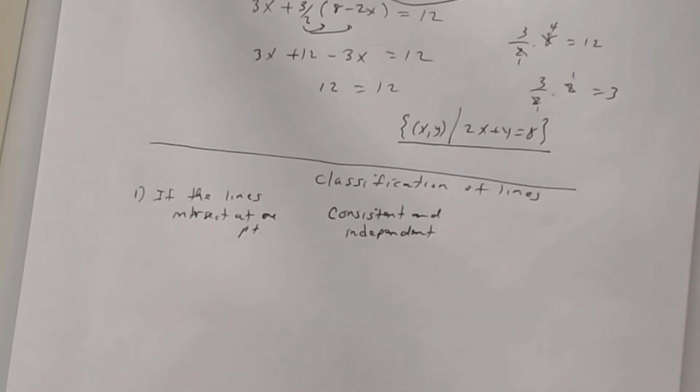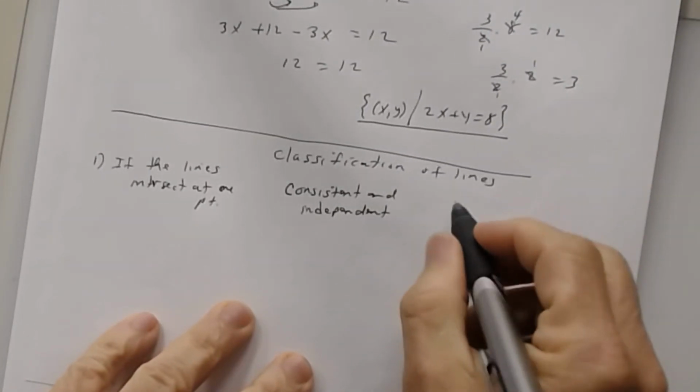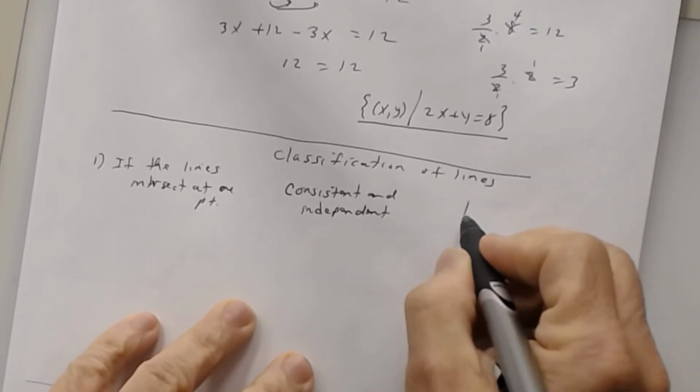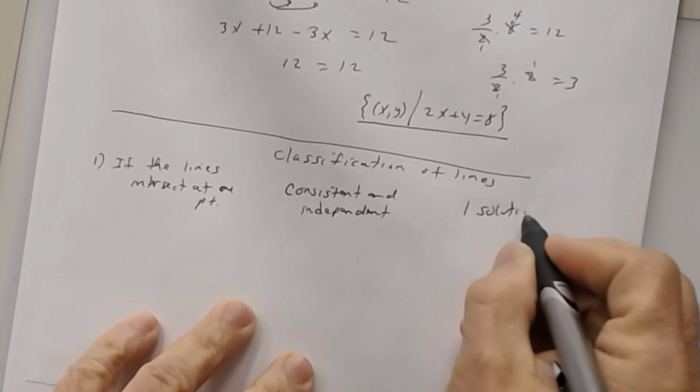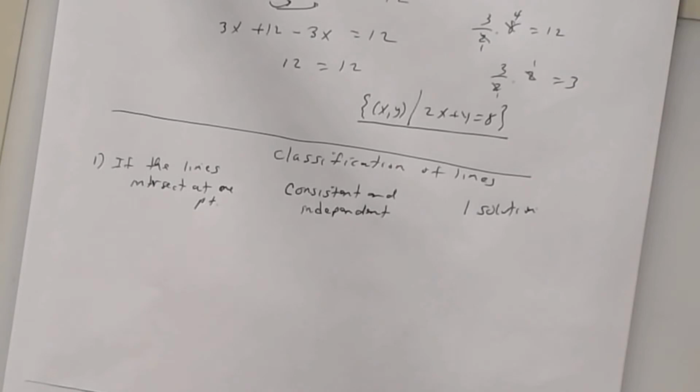Each line is independent of the other. Are those 2 lines the same lines? No, they're different lines. They have different slopes, different y-intercepts. Right. So in terms of the solutions, you're going to have 1 solution, right? We're talking about lines now. You're going to have 1 solution.